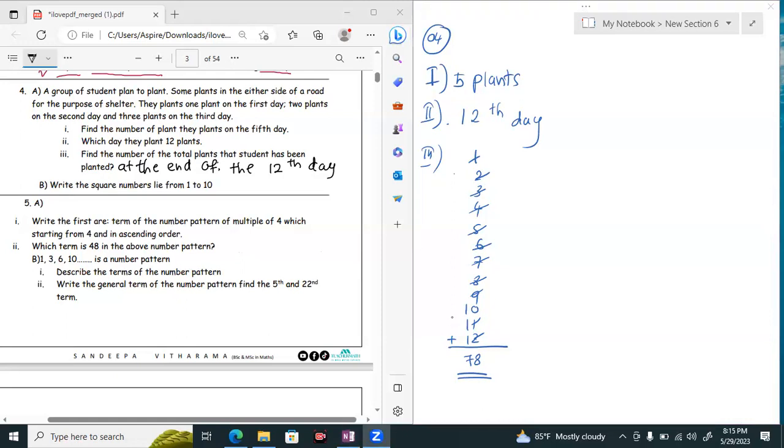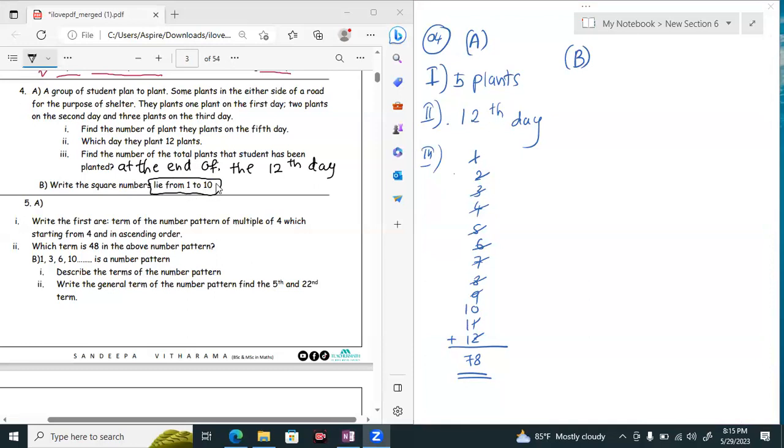You should be able to read the question properly and understand it clearly. Lie from. What does that mean? Lie from 1 to 10.